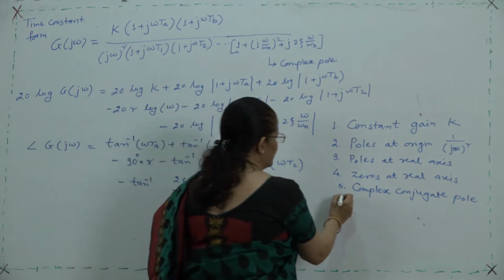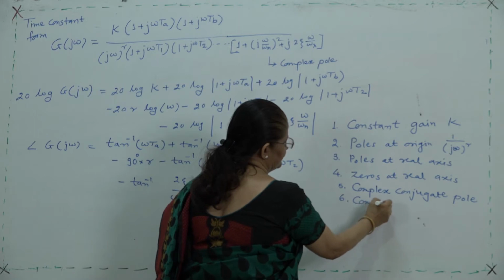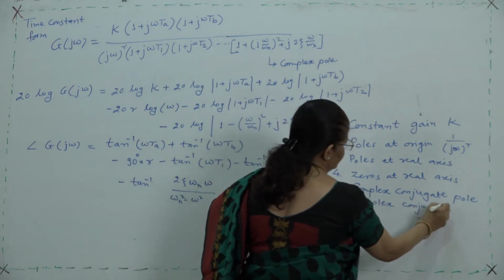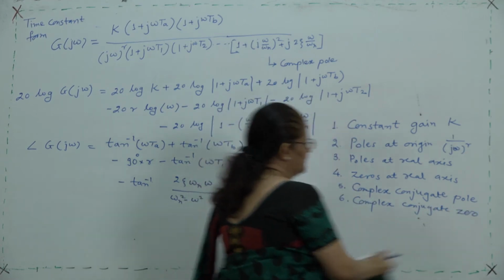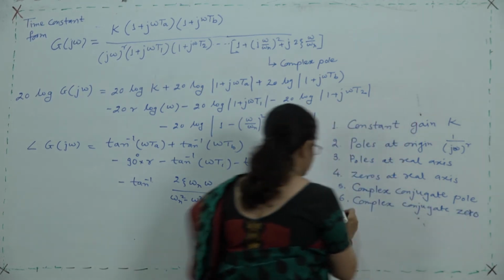Similarly, we can consider complex conjugate zero, though the term we are not considering here.